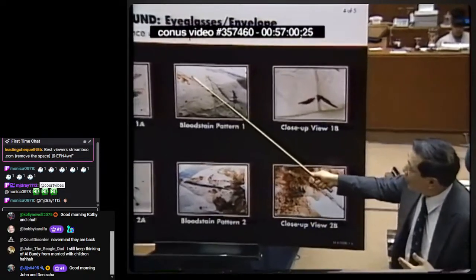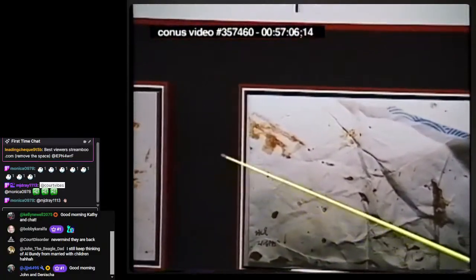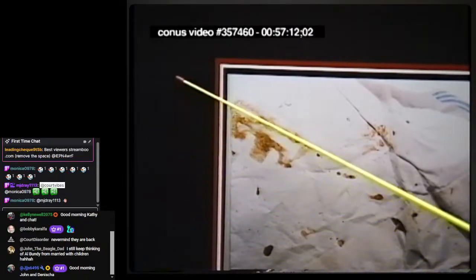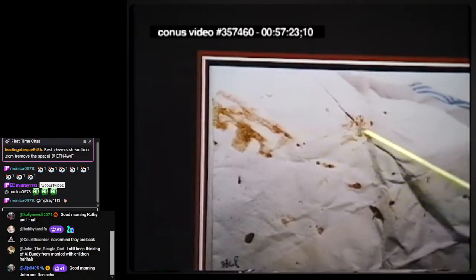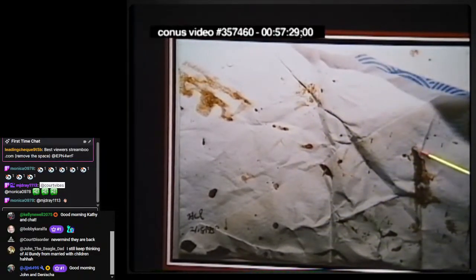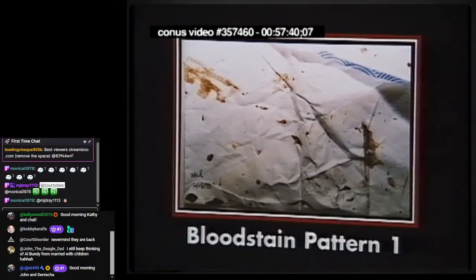Here we clearly have another imprint, shaped like an E, which was later identified as consistent with a portion of the saw pattern of a Bruno Magli shoe. Besides that, we have a large amount of blood drops, blood spatter, and blood smear covering the whole area. This area alone probably has 200 or more individual bloodstains.